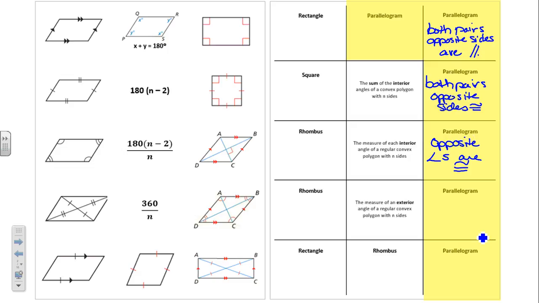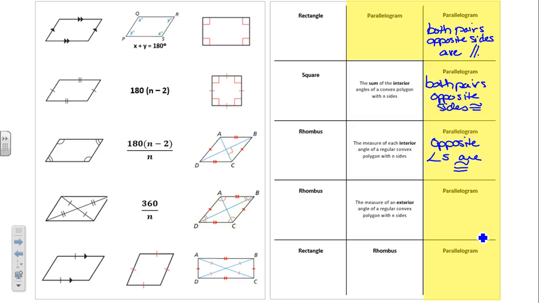Next one. What does this geometric hieroglyphic mean? The bisected diagonals, right? So in a parallelogram, the diagonals bisect each other, right?